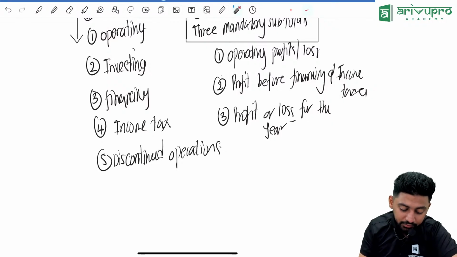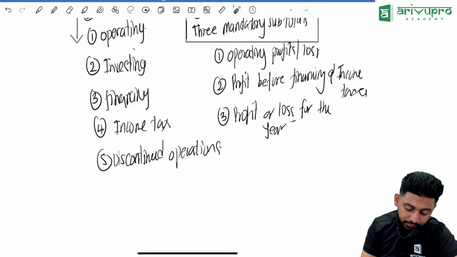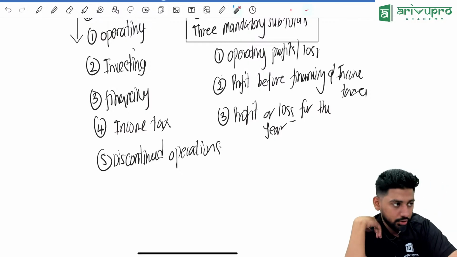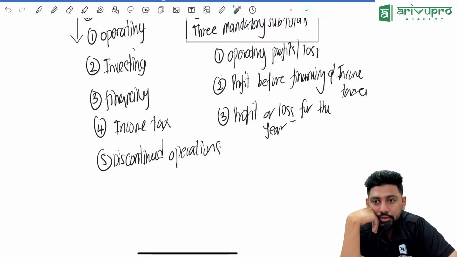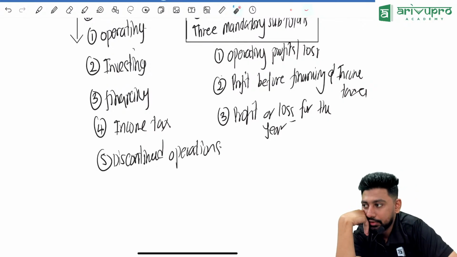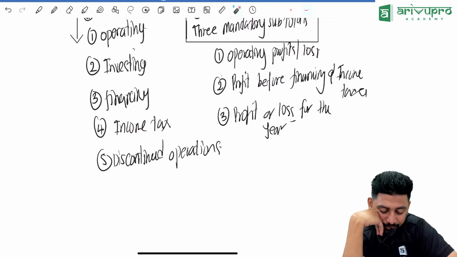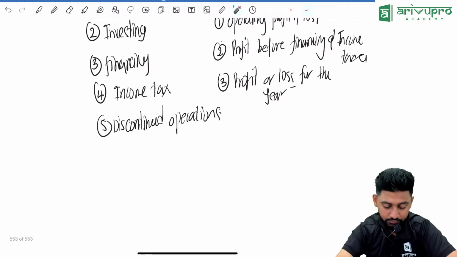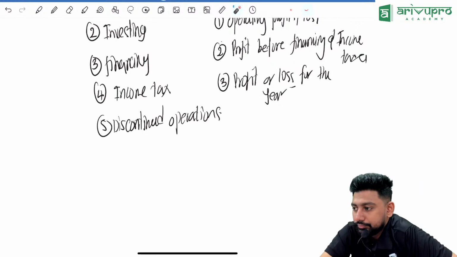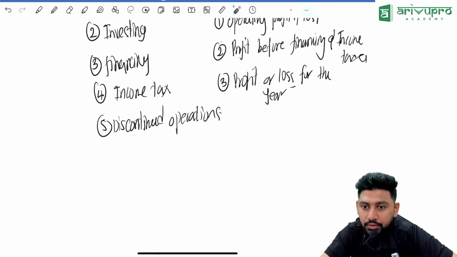For example, impairment should be shown as a separate item and cannot be included as a part of general expenses. Okay?